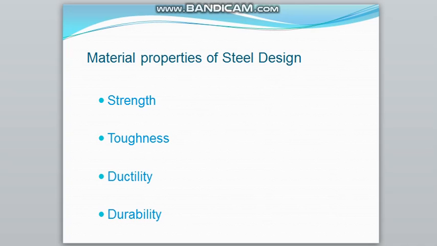Next, we will discuss ductility. Ductility is a measure of the degree to which a material can be strained or elongated between the yield point and the fracture point under the effect of tensile loading.